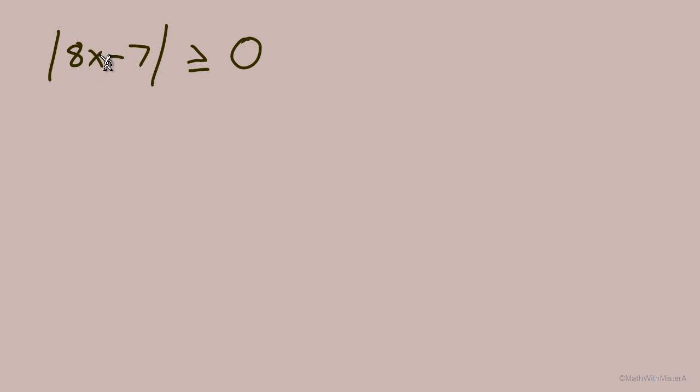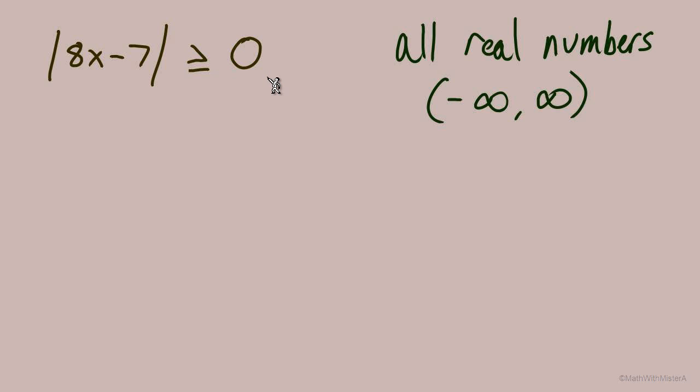Well, ignore the actual 8x minus 7 in there and think about what this is saying in terms of distance from 0. Our distance from 0 is more than or equal to 0. Well, can you imagine where on the number line we would see points where their distance from 0 is either 0 or greater than? Basically, all real numbers.